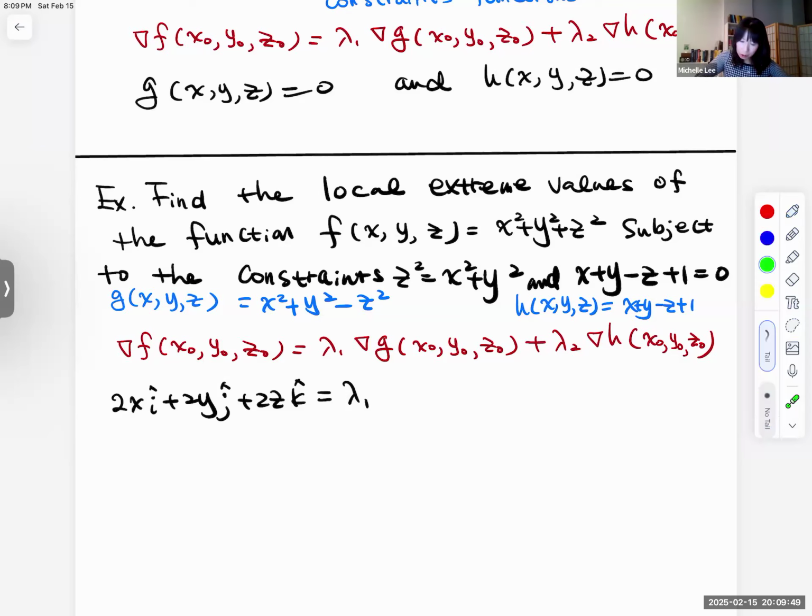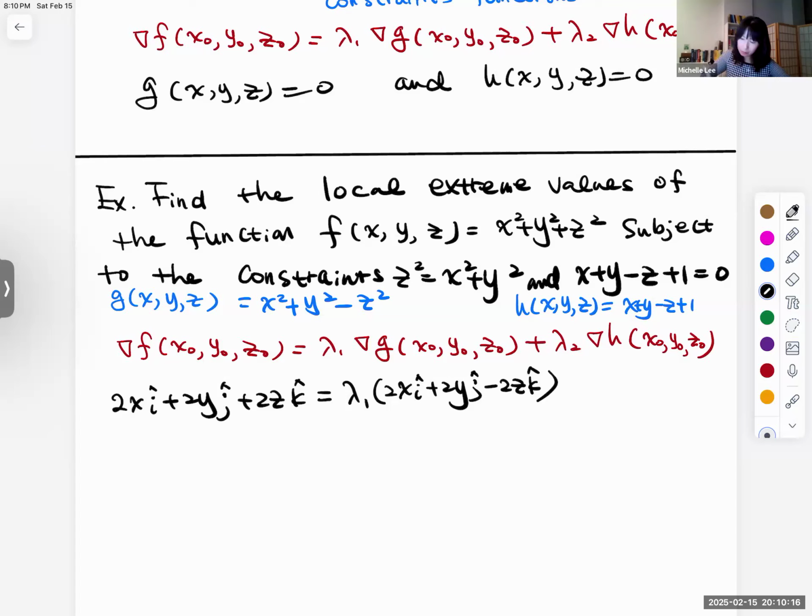Now we want to find the partial derivative. This is everything the same as this one except for the sign, right? So that will be 2x i hat plus 2y j hat minus 2z k hat.